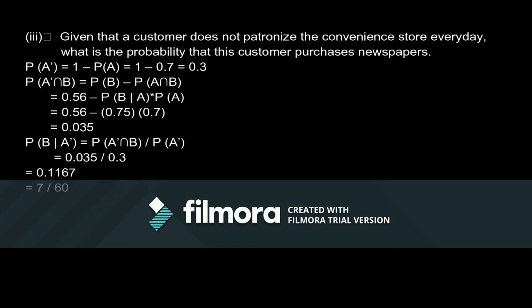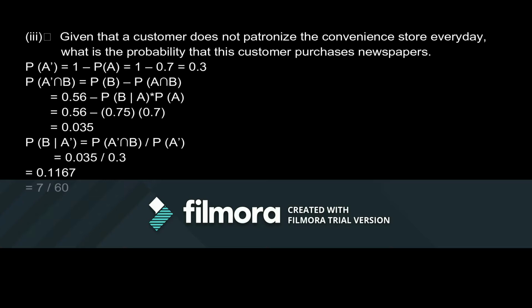For question 3, given that a customer does not patronize the convenience store every day, we need to calculate the probability that this customer purchases newspapers. We can apply the complementary rule again to calculate the probability that a customer does not patronize the convenience store every day. That is 1 minus 0.7, that is 0.3.